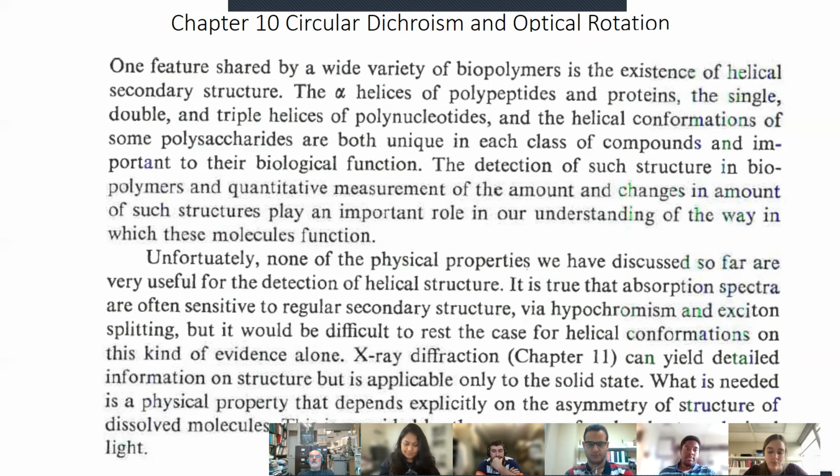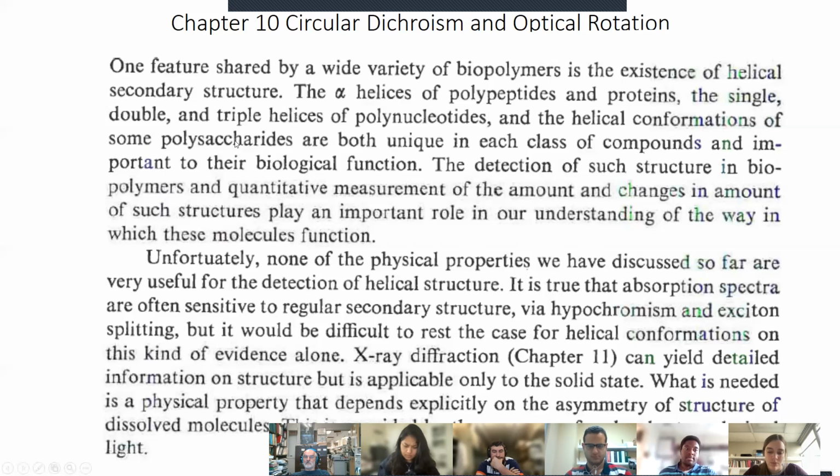So one of the things about biopolymers, about macromolecules, is that they often have helical secondary structure. For example, alpha helices in proteins, single, double, triple helices in polynucleotides.